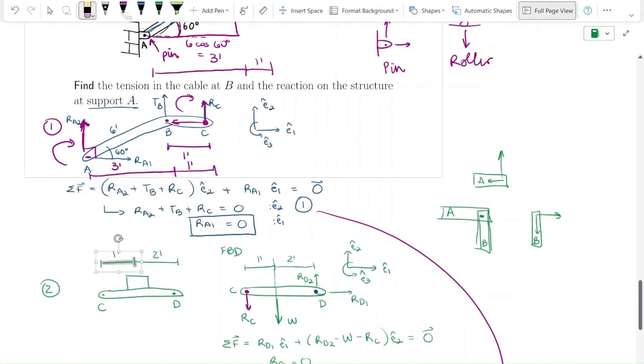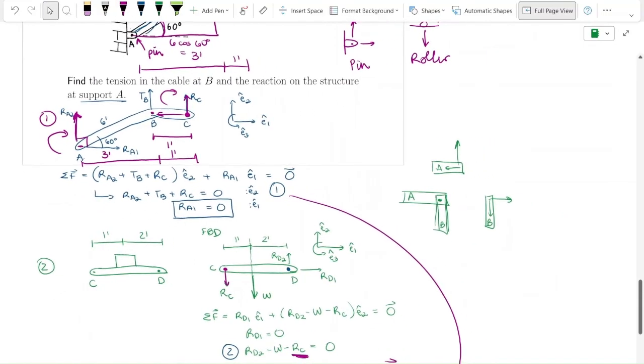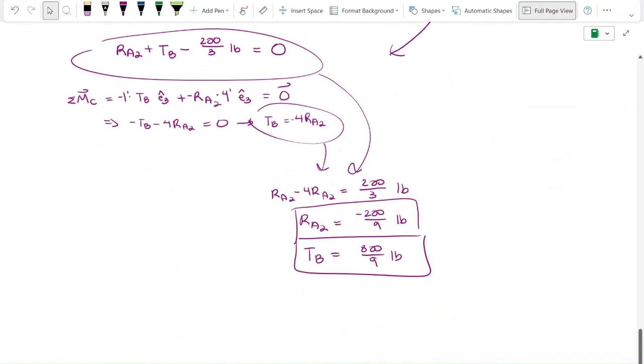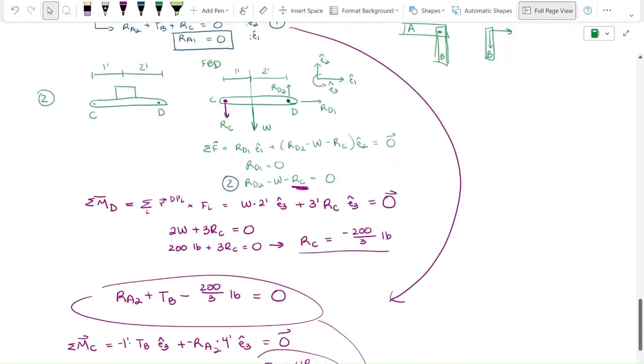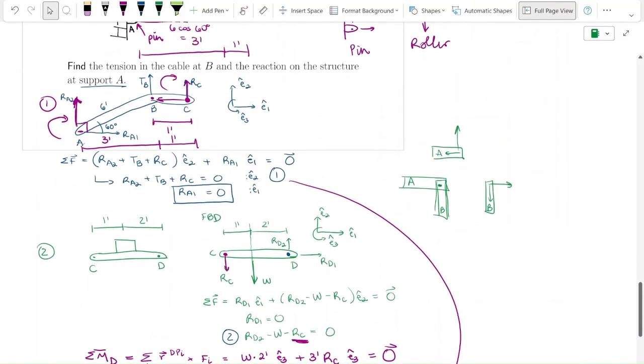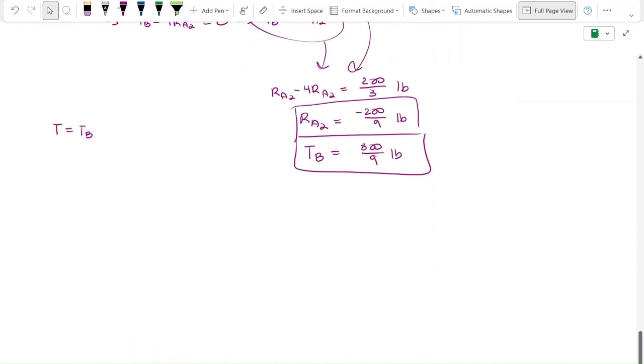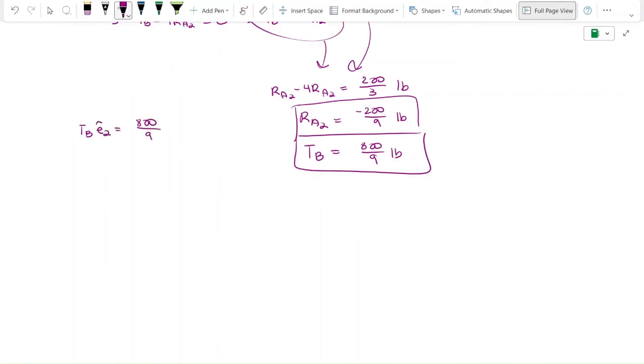So we can actually write the tension in the cable as we had written: the tension in the cable is TB in the E2 hat direction. So tension in the cable is going to be 800 over 9 pounds E2 hat.